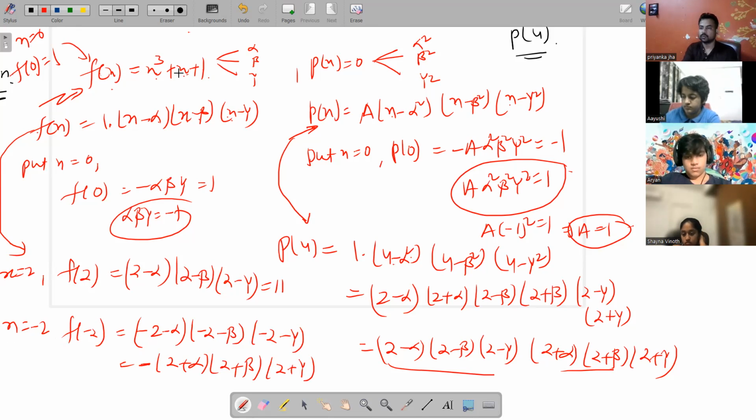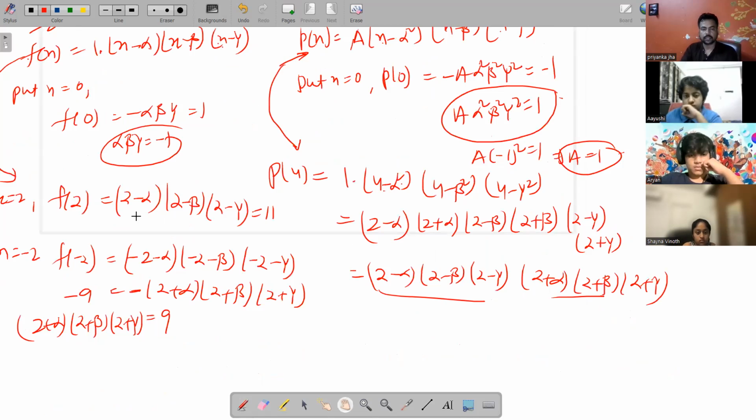So minus 8, minus 2, minus 10, plus 1, minus 9. So from here, minus minus will cancel. So 2 plus alpha into 2 plus beta into 2 plus gamma is plus 9. Let's put it here. You already got this thing, 11, and this thing is 9. So the answer is 99.